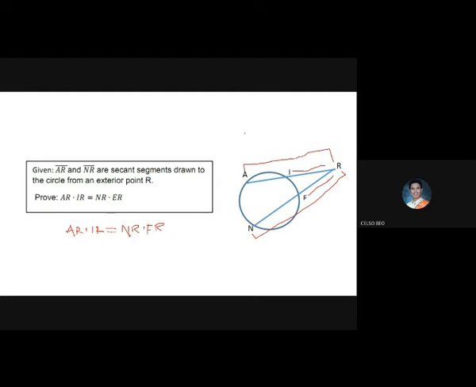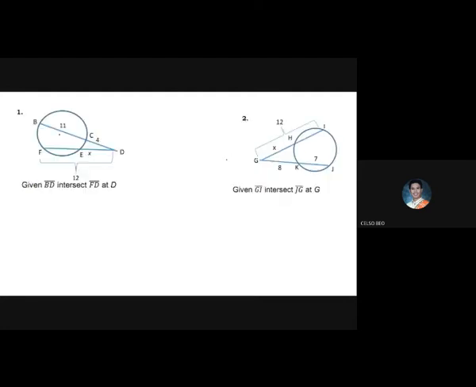Okay, so let's have an example here. For the first example, let's say we have a secant BD and external secant CD. Then we have another secant segment, which is FD, and of course the external secant ED. So how will we do this?